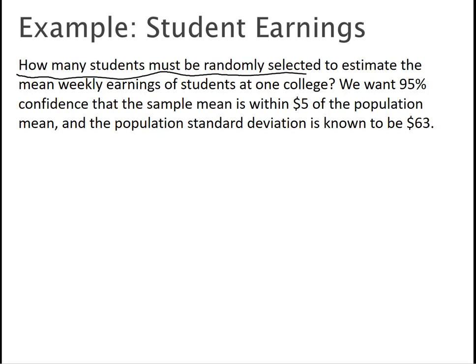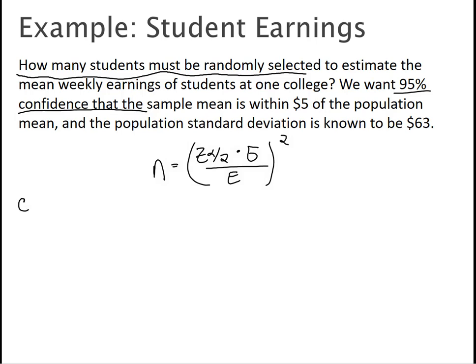Remember from our last slide that n equals z alpha over 2 times sigma divided by E, all squared. I want a 95% confidence level, so my CL is 0.95. We saw just a moment ago that means my z alpha over 2 is going to be 1.96.